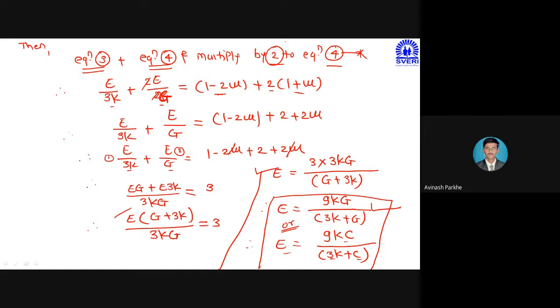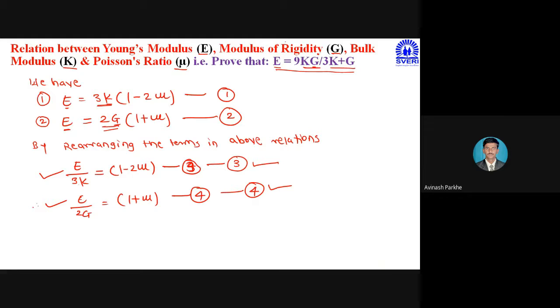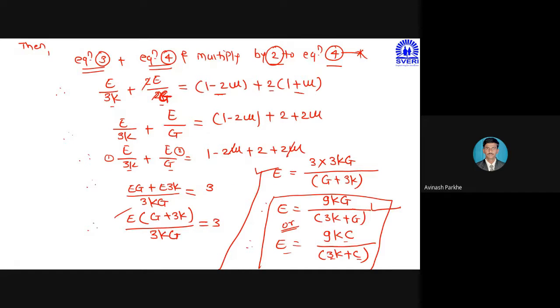So from equation number 3 and equation number 4, this is the left hand side and this is the right hand side. Left hand side means E upon 3k plus E upon 2g. I have written E upon 3k plus E upon 2g, but we have to multiply equation 4 by 2. So this is the term of equation 4, which term? E upon 2g.